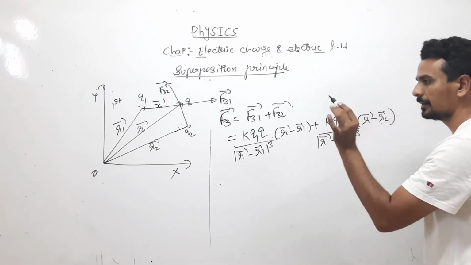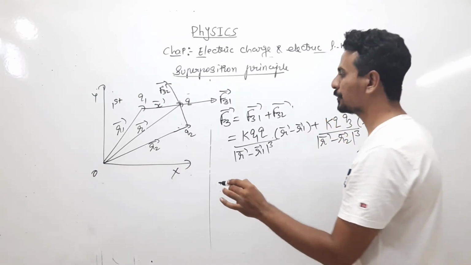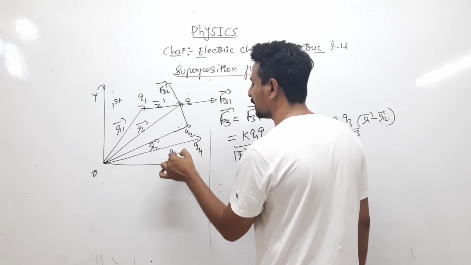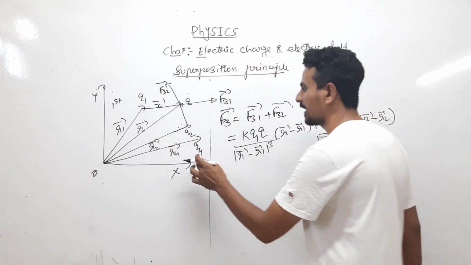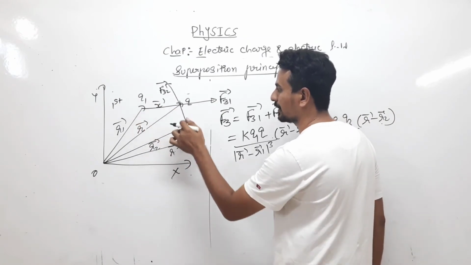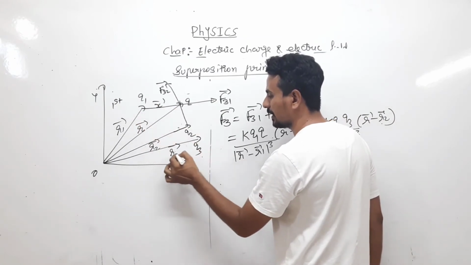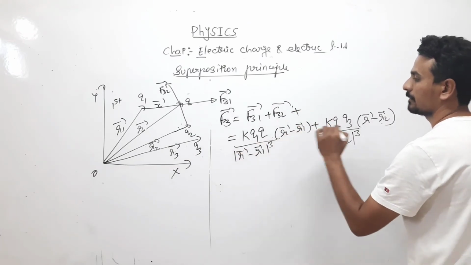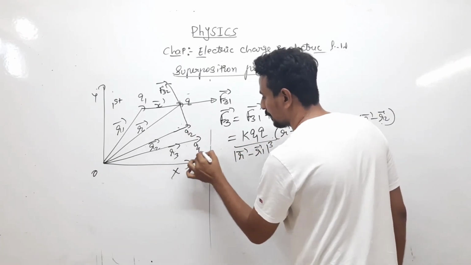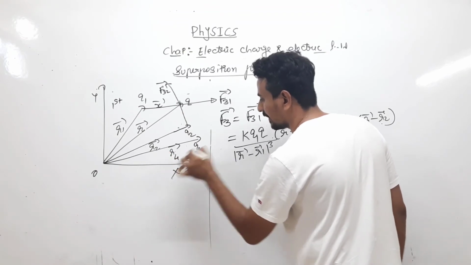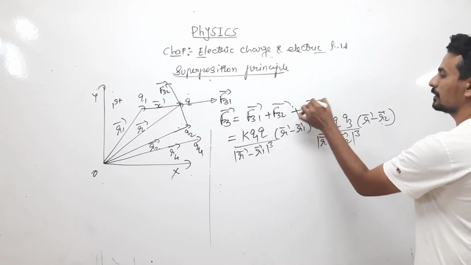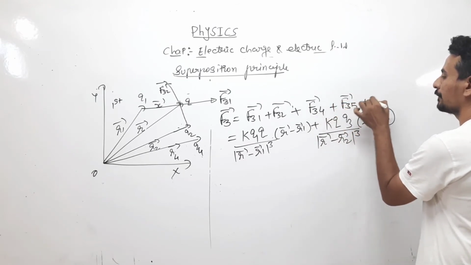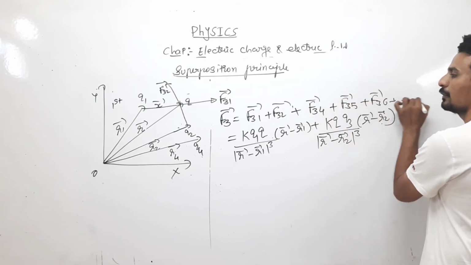Clear? If one more charge is kept here, let us say q4, with position vector r4, then this will be plus the force on third because of fourth, force on third because of fifth, force on third because of sixth, and so on.